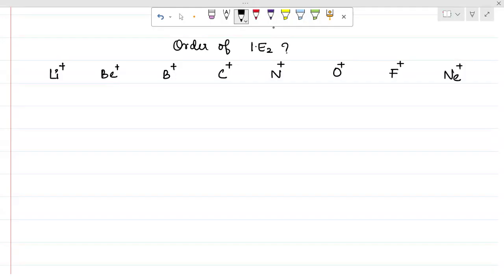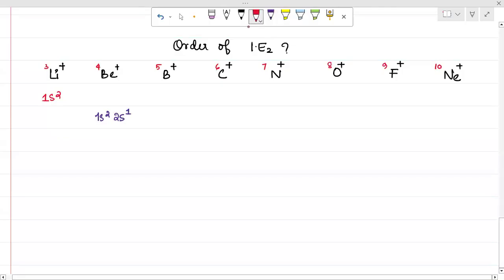So first of all, let's write the configuration of all the species. This is atomic number 3, 4, 5, 6, 7, 8, 9, 10. Right. So 3 means one electron is lost. This is 1s2. Beryllium will be 1s2, 2s1 because one electron is lost. Boron is 1s2, 2s2.